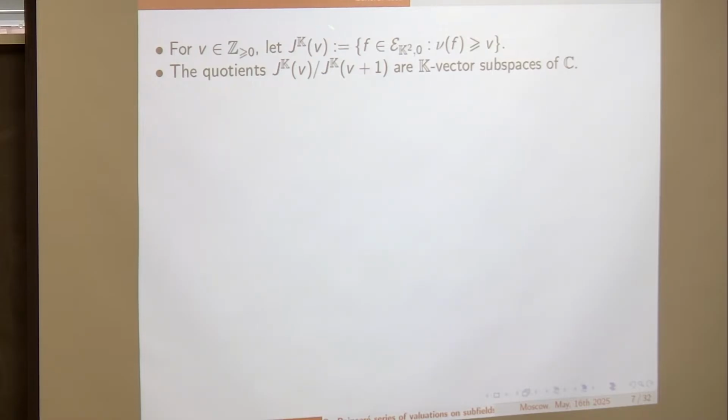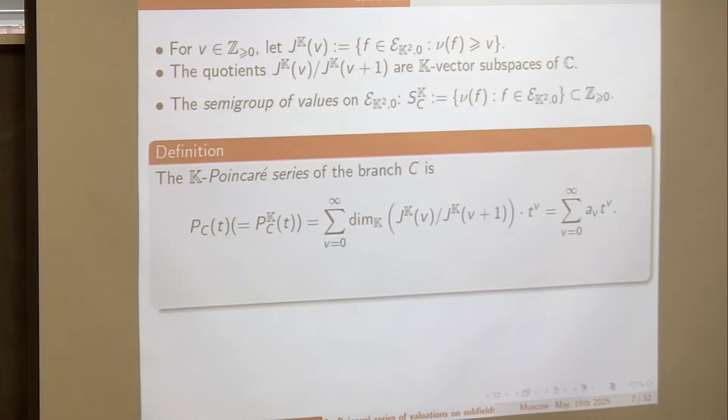You can define these ideals as before, but now I take only functions with coefficient in k. We have the quotients, which are k-vector spaces, subspaces of C. In fact, they can be embedded inside C, and you can define also the semigroup of values. Nothing new.